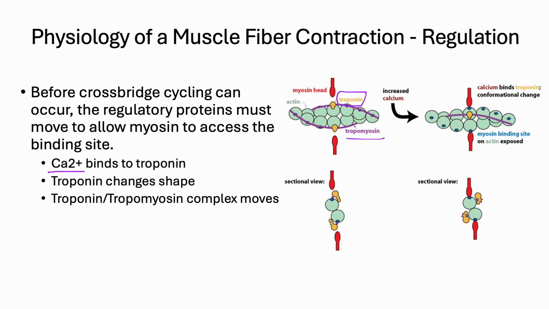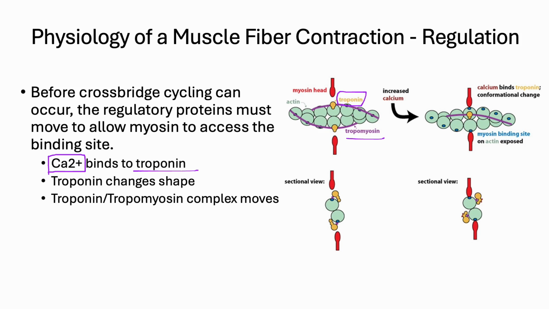When calcium is released from the sarcoplasmic reticulum, calcium will bind to the regulatory protein troponin. Essentially, what calcium binding does is it causes troponin to change shape, and it moves that entire troponin-tropomyosin complex so that it reveals or opens the binding site for the myosin heads.